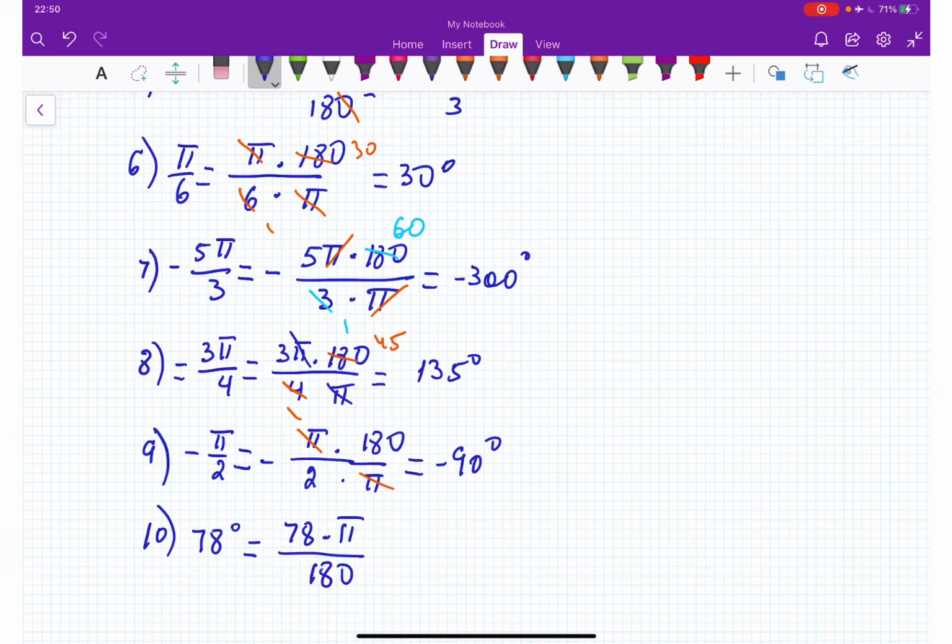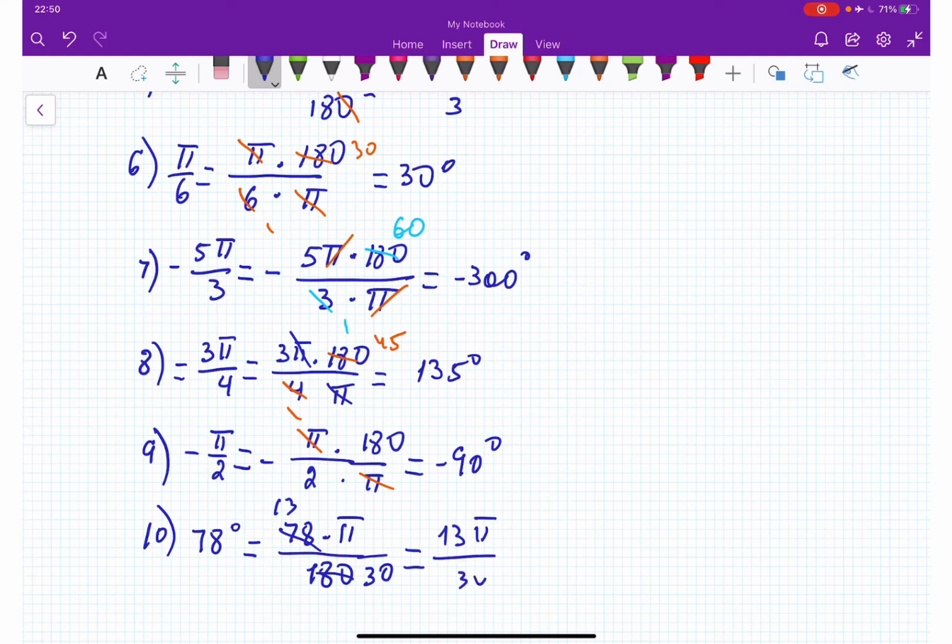See, I flipped it. Pi went on the top, 180 came at the bottom because I'm going to get radians. So 78, I can reduce here, is 13, and 180 is going to be 30. I reduced by 6.